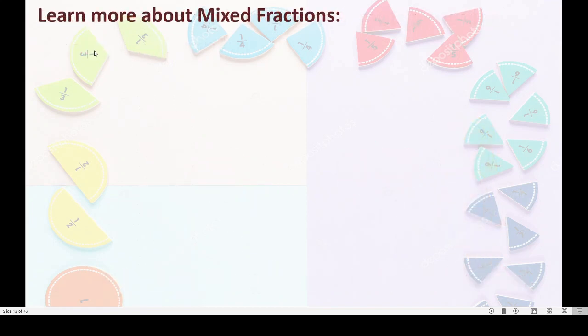Learn more about mixed fractions. Yes, you can see one whole apple and this is a quarter. You know this, correct? One whole, we will write one whole. And how to write the quarter part? 1/4, that is nothing but 1/4. Already we have learned about this quarter part.